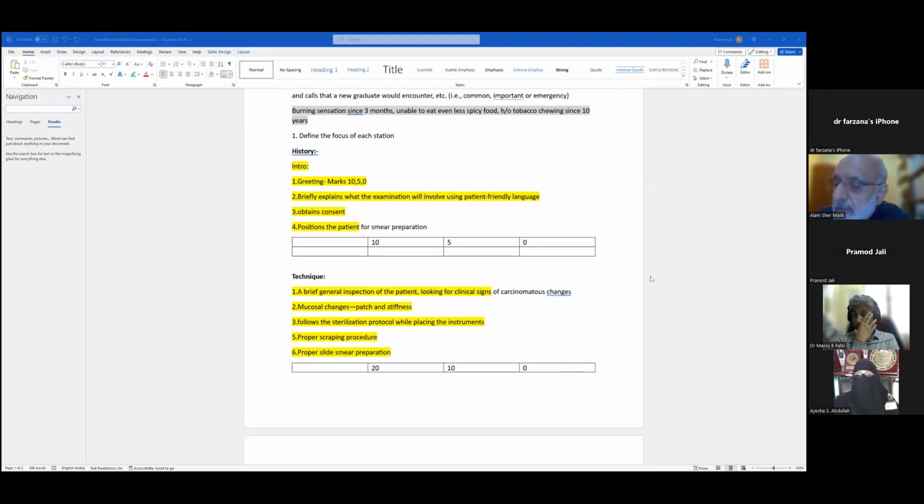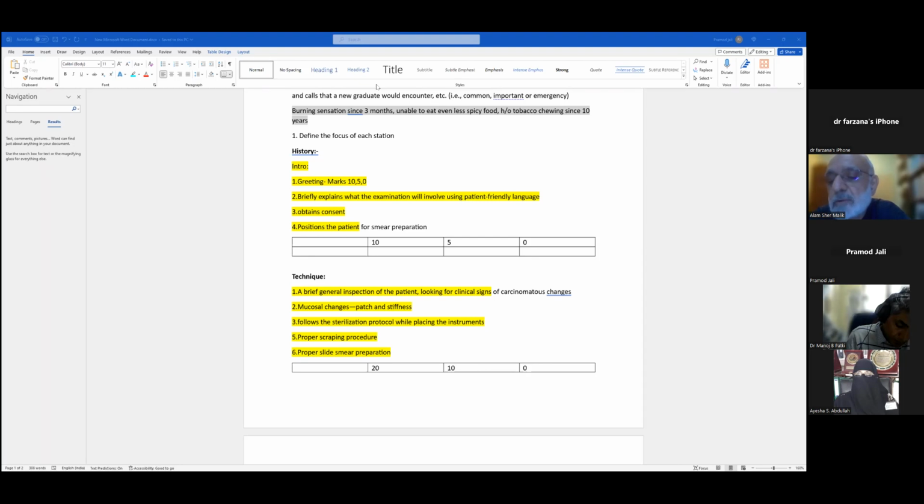Yeah, Dr. Aisha, the literature says that if you have, let's say, 4 or 5 integrated OSCEs, and your total number of stations is around 20, that is good enough. If you are having multidisciplinary, that would be even better.